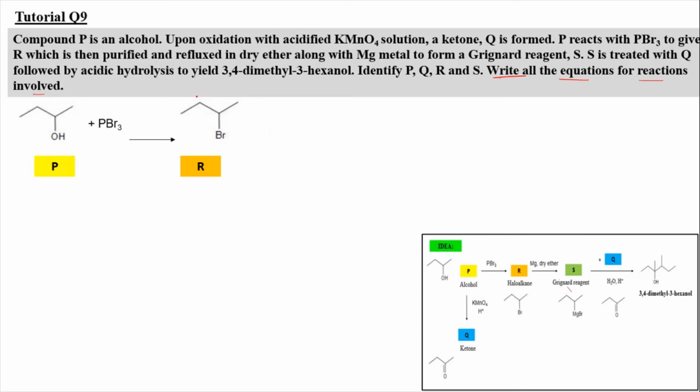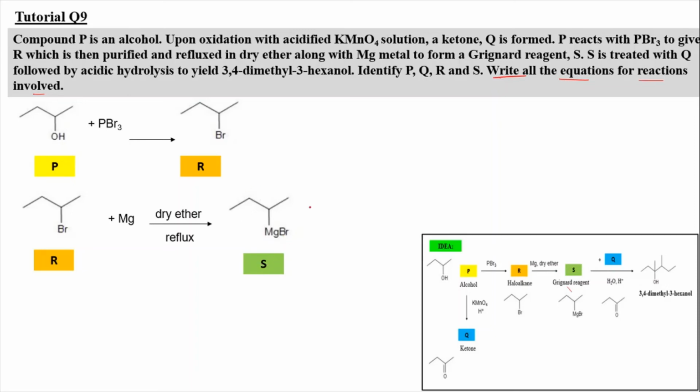And then we're going to use our R, where we write it again. And then we're going to add our magnesium metal, which is the plus sign here. And then in the condition of dry ether and reflux. So what we're going to produce is S, which is the Grignard reagent. So do not forget to label each and every one of the structures that you have drawn.